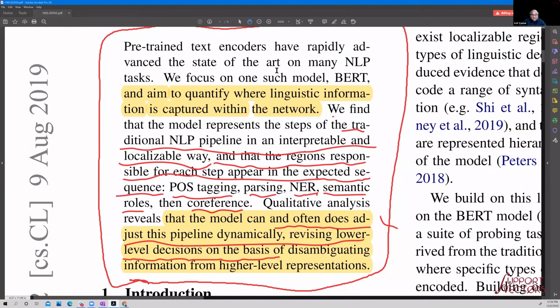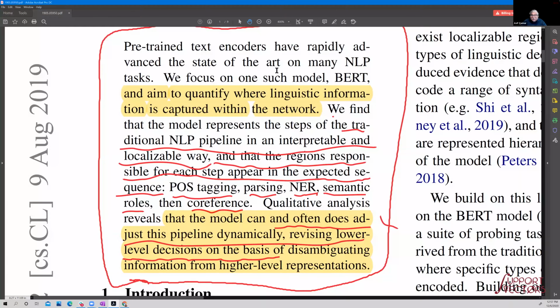Semantic roles talks about who and what and so forth. Then you go into the co-reference part of it, right? And so you see progressively higher order abstractions or tasks coming through, or recognitions coming through. I don't know what word to use, concepts being built, and so forth.